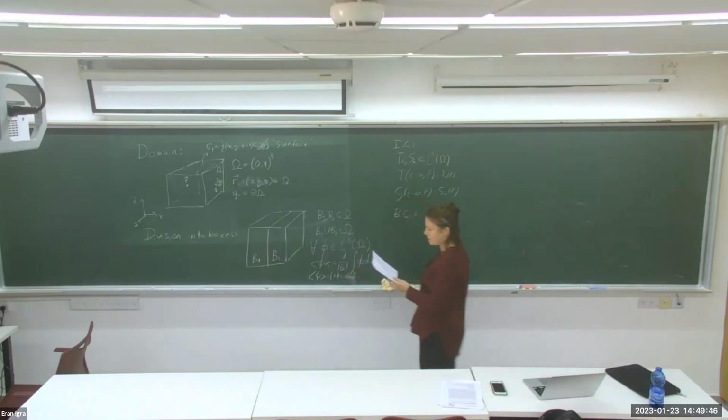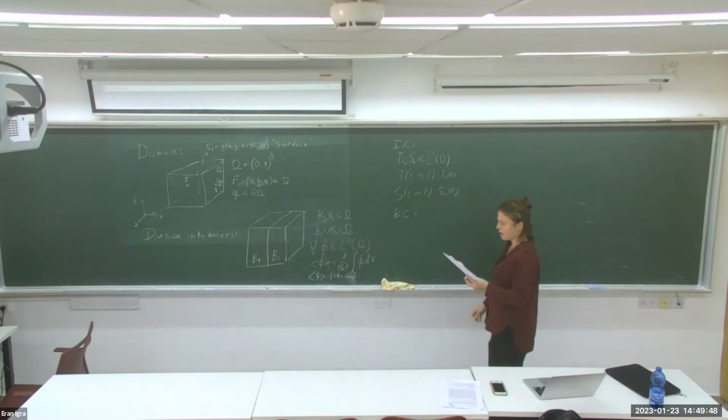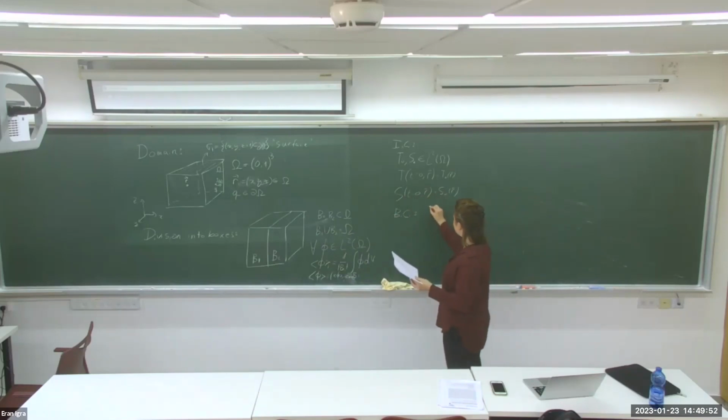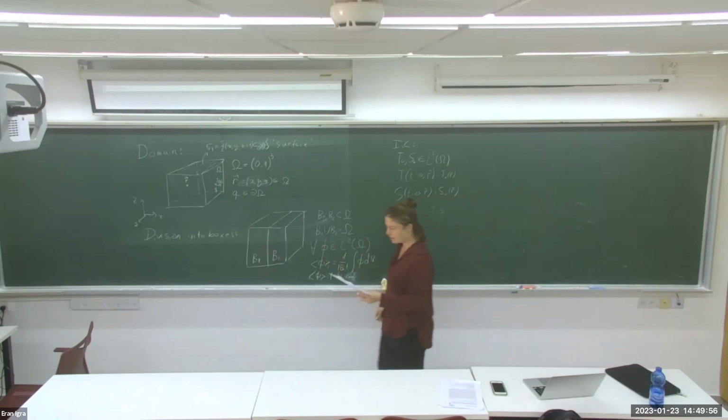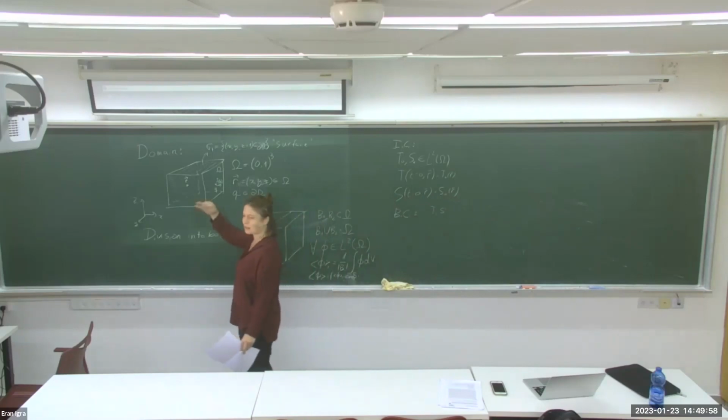And boundary conditions, we're going back to physics. So we need boundary conditions for temperature and boundary conditions for salinity. What happens in the temperature? The situation in the ocean is that the ocean wants to equilibrate with the atmosphere. So if the atmosphere is warmer, the ocean will want to be warmer. And if the atmosphere is colder, the ocean will want to be colder.